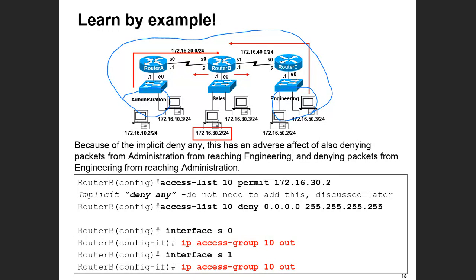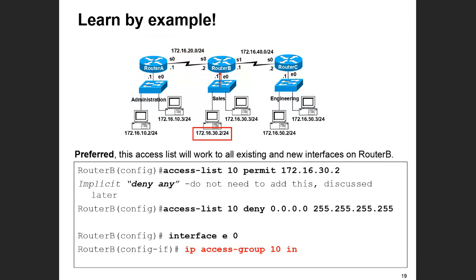So that second option is bad. We're not going to do this. We're going to do this one. We're going to apply it in an inbound direction to the default gateway for the sales department, on that Ethernet port. You can tell this is a really old slide because the Ethernet port is E0 instead of F0/0 or G0/0/0.